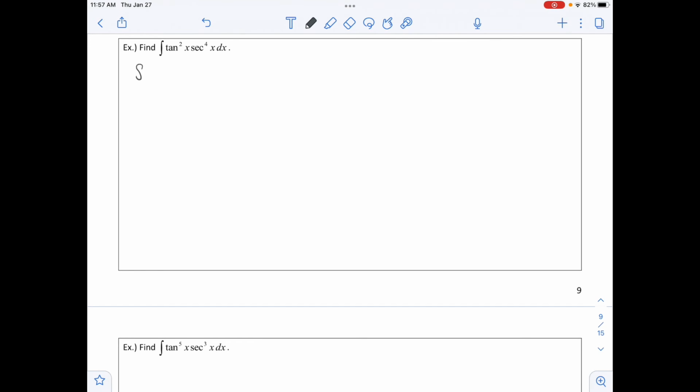So this will be the integral of tangent squared x times secant squared x, secant squared x dx. And then rewriting one of these secant squared x's in terms of tangent. So this is now going to be the integral of tangent squared x times 1 plus tangent squared x, secant squared x dx.